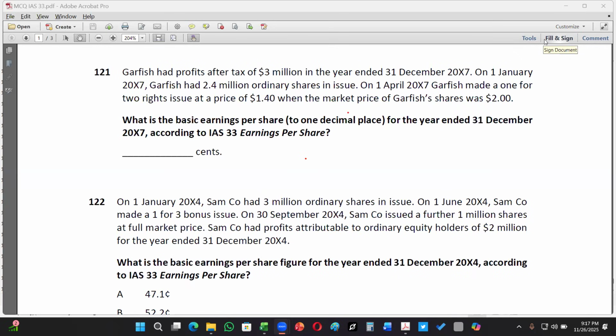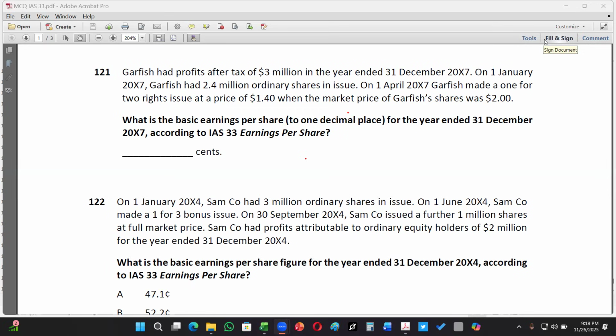So the first question that awaits us is related to the rights issue. The other two issues are related to the diluted EPS: the convertibles and the share options. So in diluted EPS, we will have the share options and the convertible loan stock or convertible instruments.